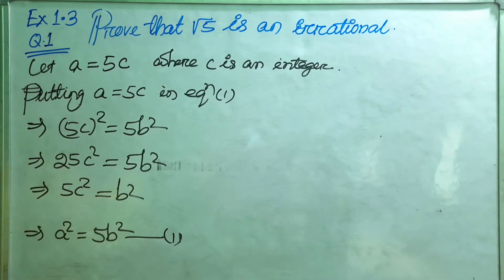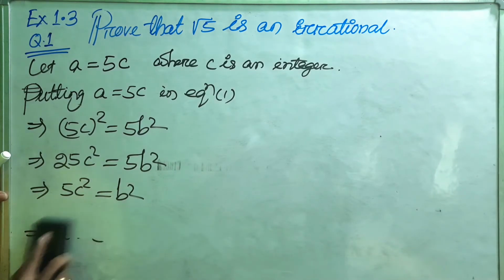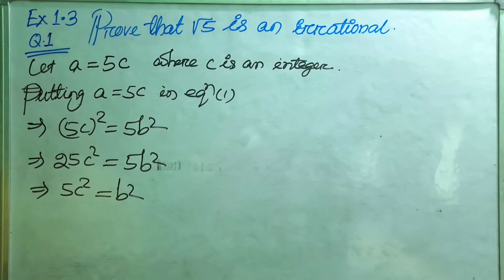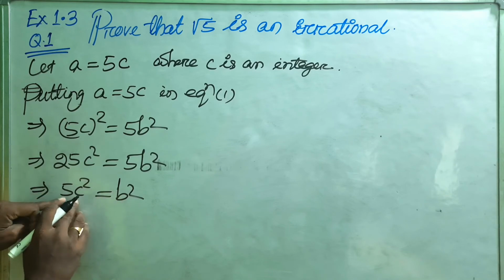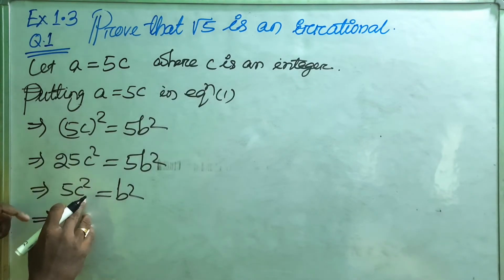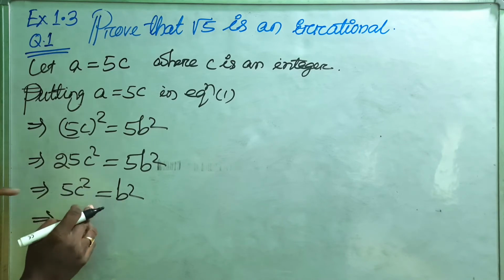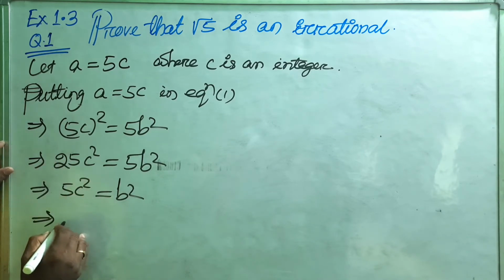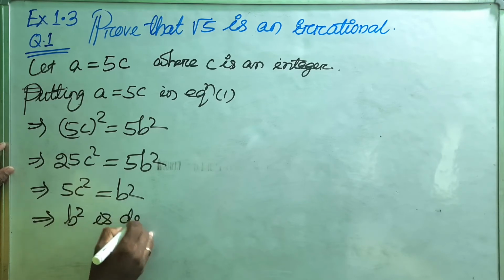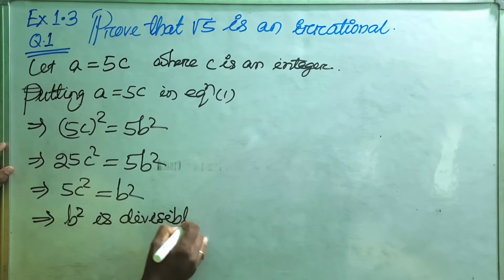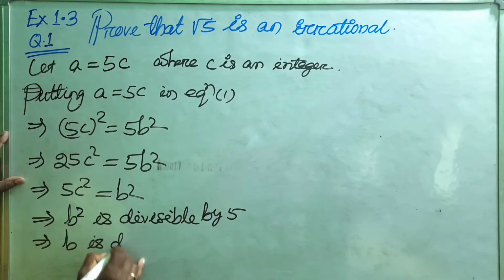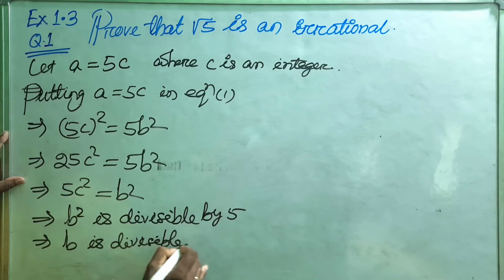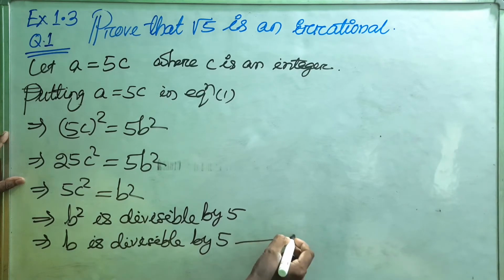Now c is an integer, so c square is also an integer, and it is multiplied with 5, which means b square is a multiple of 5. So this implies b square is divisible by 5. Now this implies b is divisible by 5. Give it equation 3.